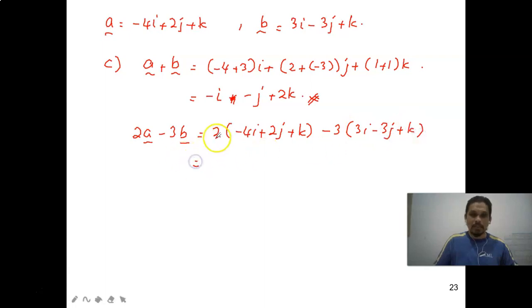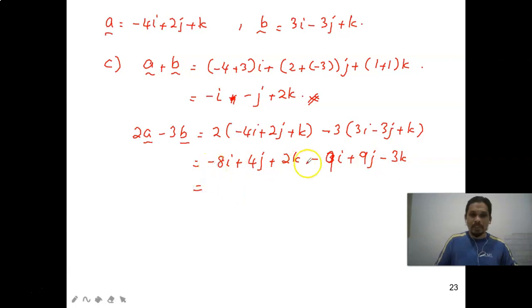Multiply the constant with every single component here. 2 times negative 4 is negative 8i plus 4j plus 2k, and then minus 3 times 3i equals 9i, negative 3 times negative 3 gives positive 9j, minus 3k.